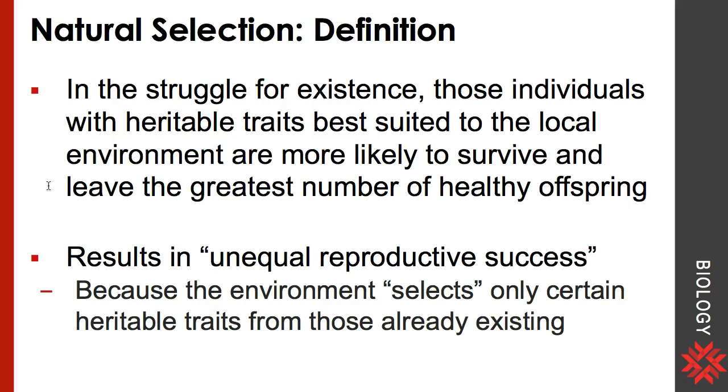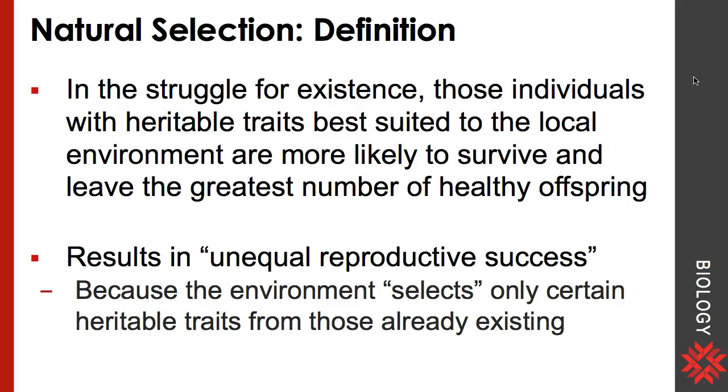There's struggles for resources, like you need food, you need water, you need some habitat in order to live within. So life is a struggle, and in that struggle, those individuals with heritable traits that are best suited to the environment are more likely to survive, more likely to reproduce, leaving a higher amount of offspring.